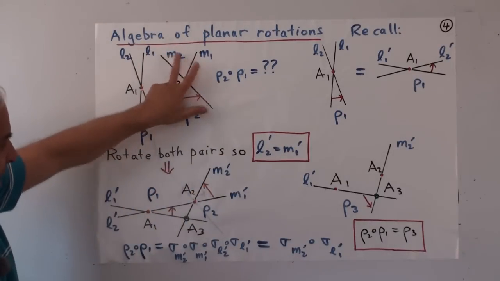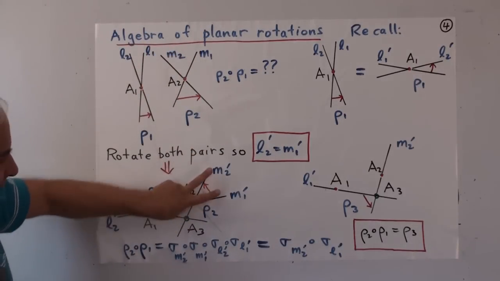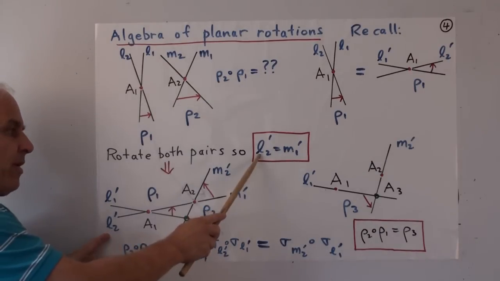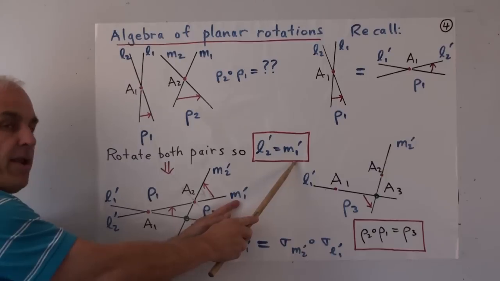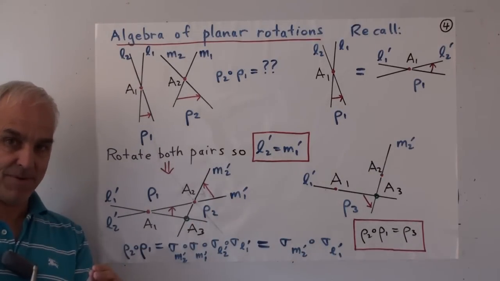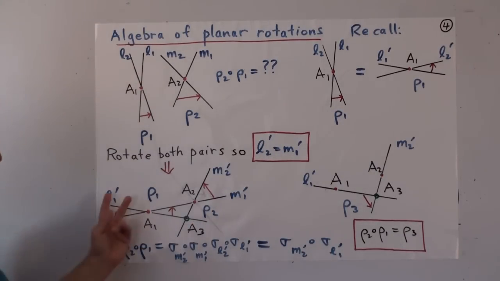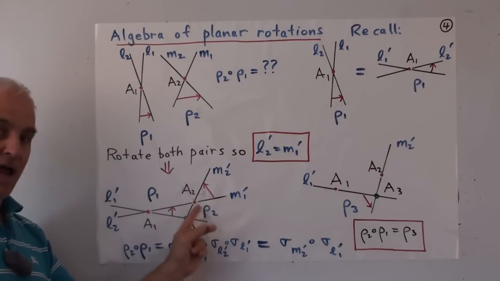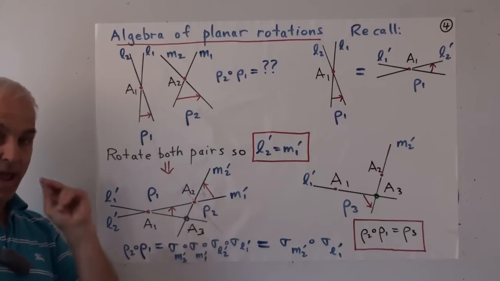So this pair of lines will have moved so that they're now in that position there. So we've arranged it that the new L2 and the new M1, L2 prime and M1 prime, are the same. So the second of the lines at this point and the first of the lines at this point agree.